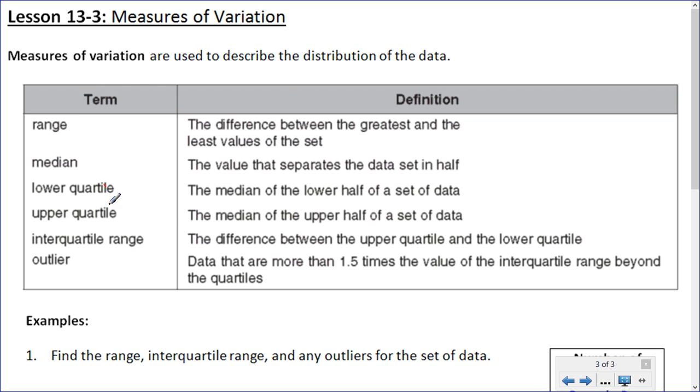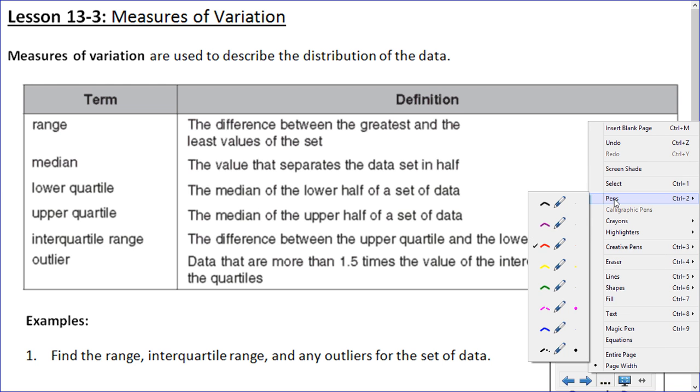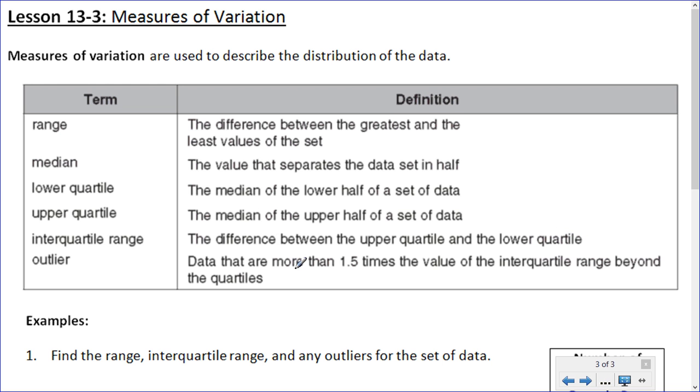So once you've found the upper and lower quartiles, you can find the interquartile range, which is just the difference between those two things. And these will all make more sense once we look at an example. So if the word quartile is starting to sound like nonsense, it'll make sense in a minute. And the last thing, we talked about this in the last section also, an outlier, but now we actually have a solid definition for what constitutes an outlier.